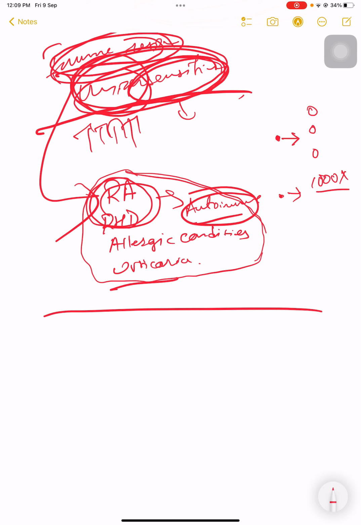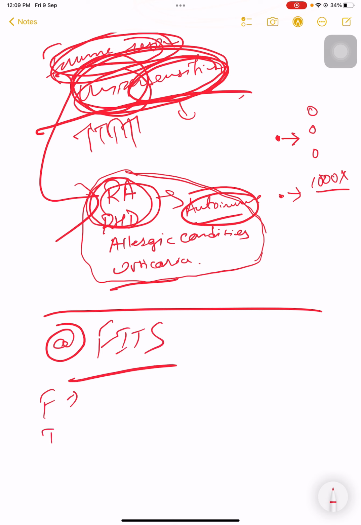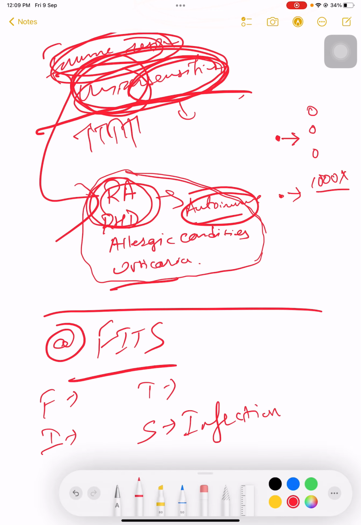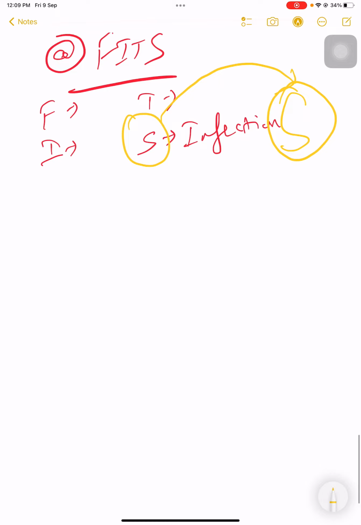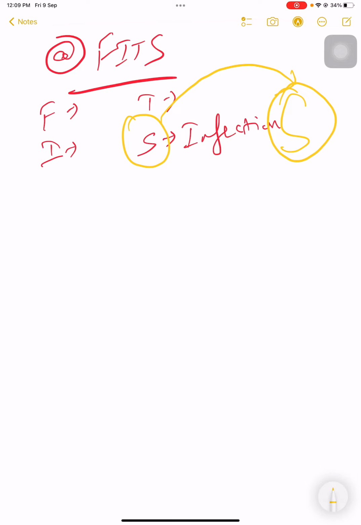You can remember the causes by the mnemonic FITS. F is foreign bodies, I is immune reaction, T is tissue necrosis, and S means infections. Got it? I've made this small mnemonic for easiness.